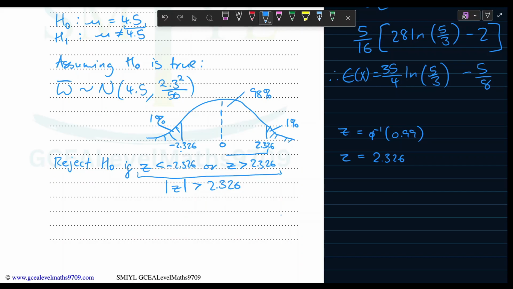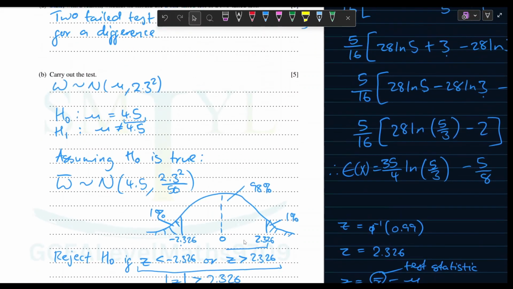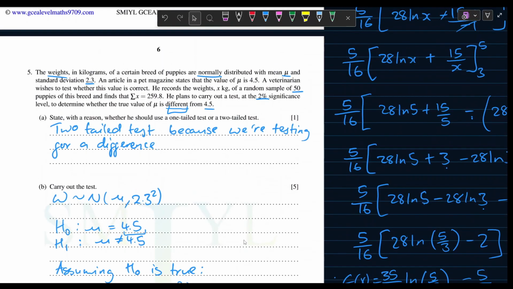So z, remember, is going to be x bar minus mu over sigma over root n. x bar is the test statistic. So when whoever is investigating carries out their sample, the mean that they get from that sample, we call that our test statistic.